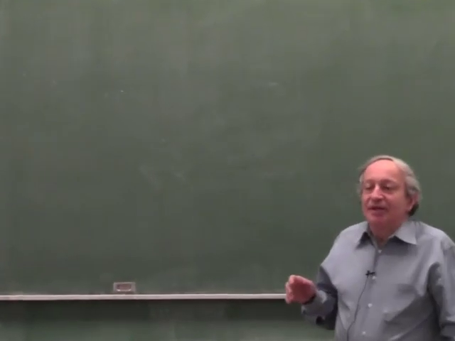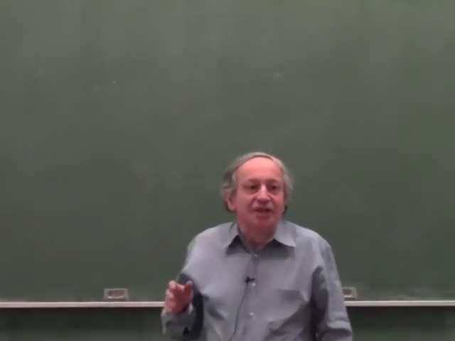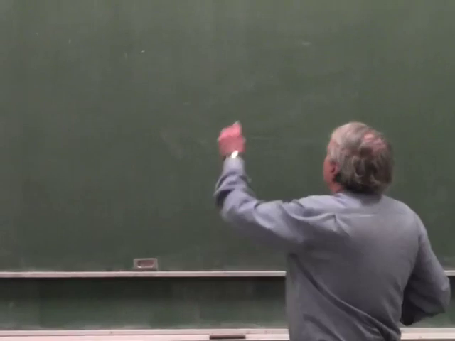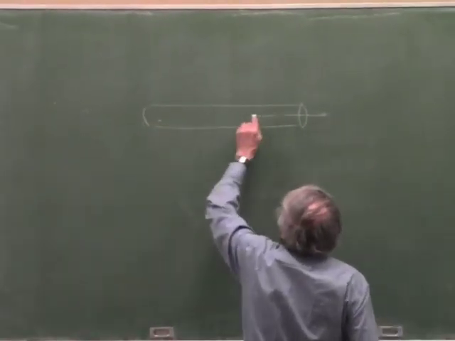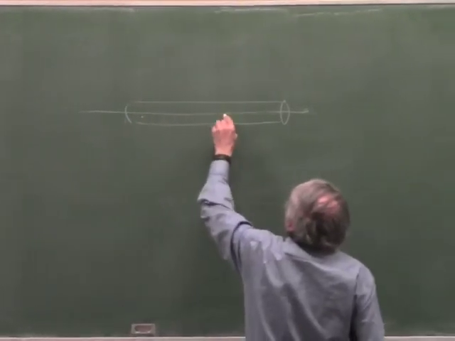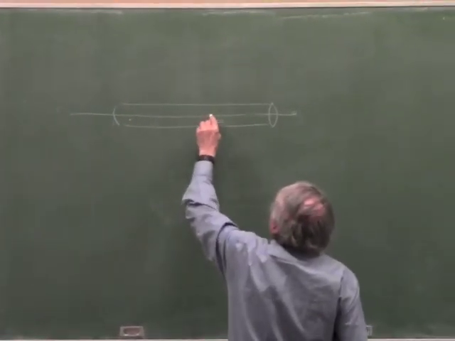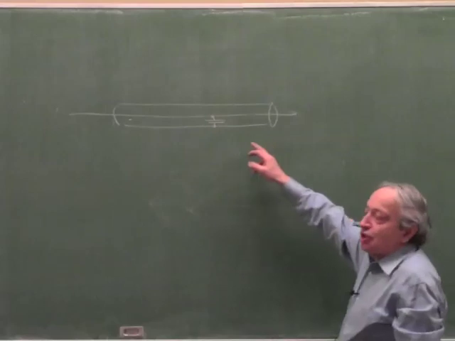A shielded wire is used without any consideration to impedances. If you take a shielded wire, there is some parasitic capacitance between the wire and the shield.